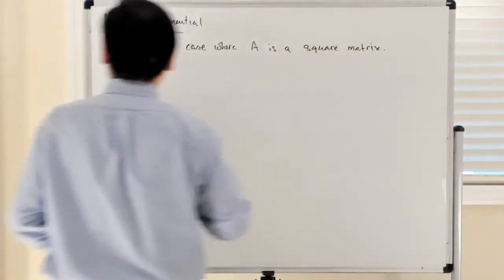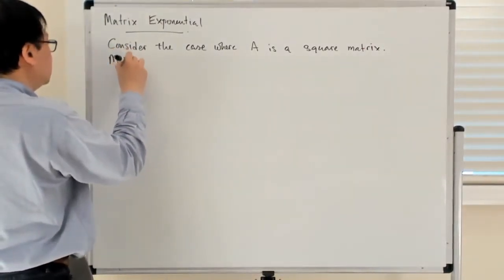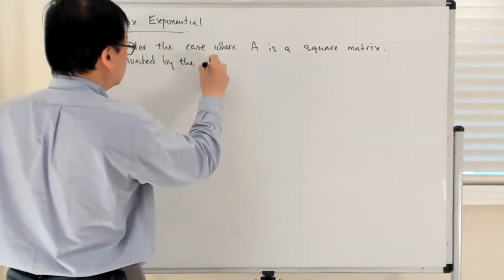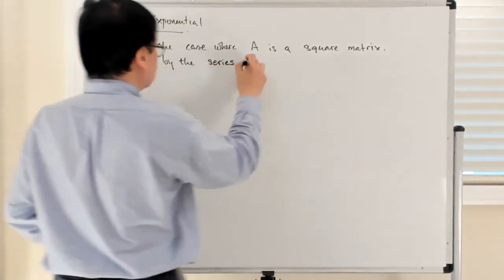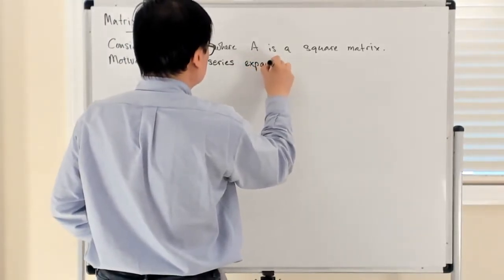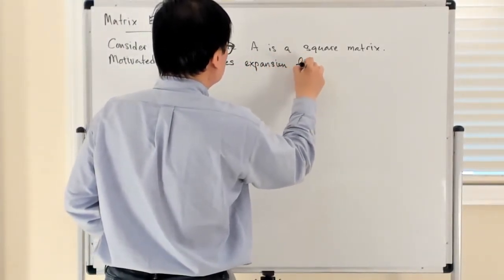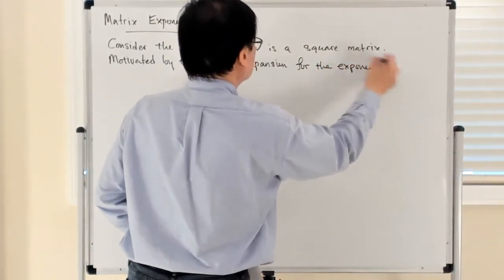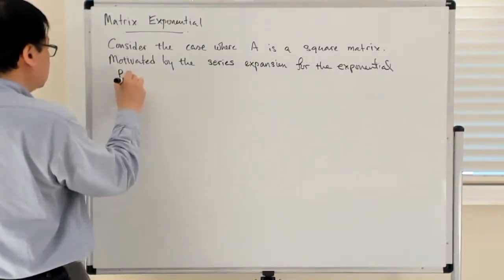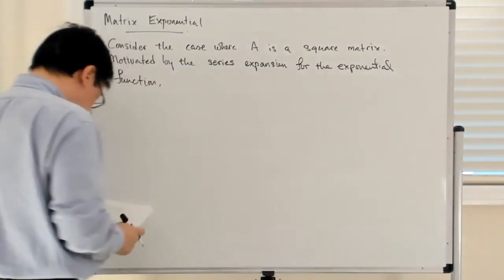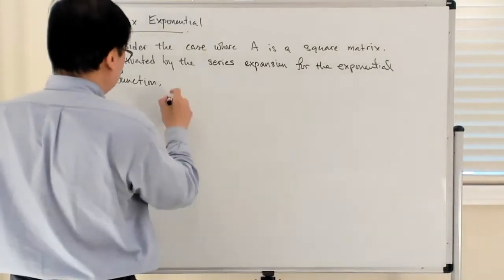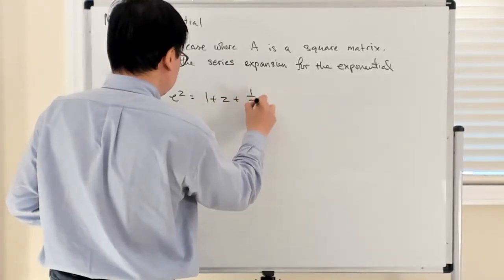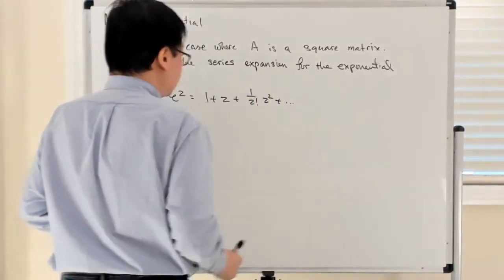All right, so motivated by the series expansion for the exponential function, which basically just says that e to the z is 1 plus z plus 1 over 2 factorial z squared, and so on.